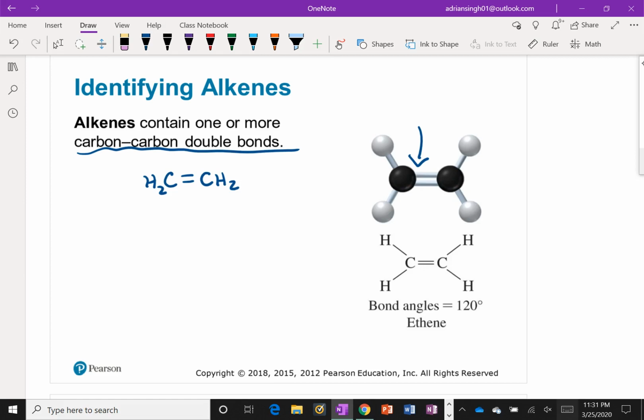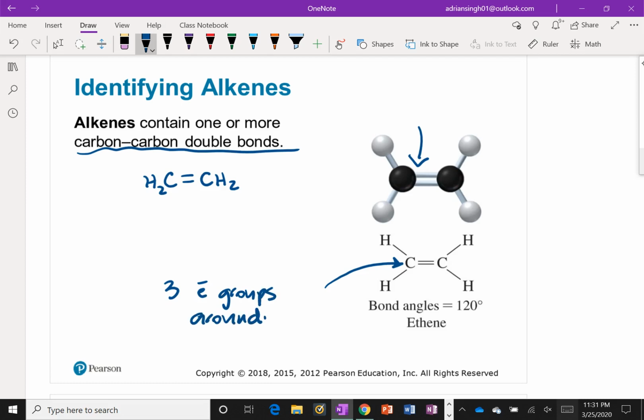A couple of things to note here about the environment around that carbon-carbon double bond. If you focus on this carbon, you'll notice that it has 3 electron groups around it: 2 single bonds and a double bond.